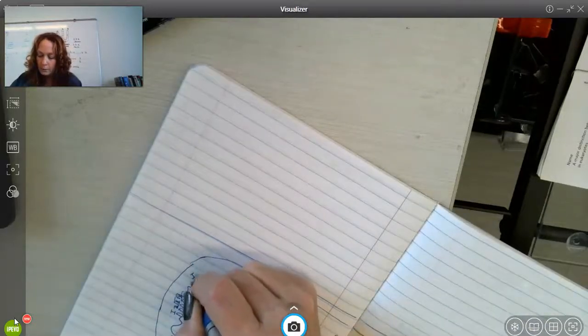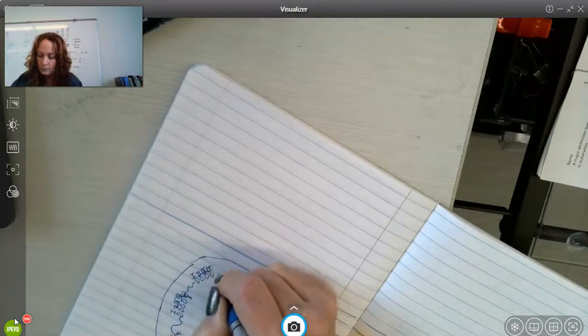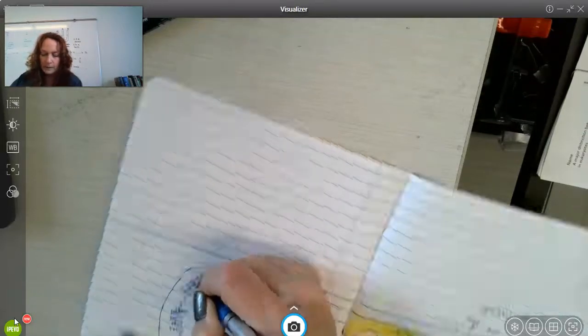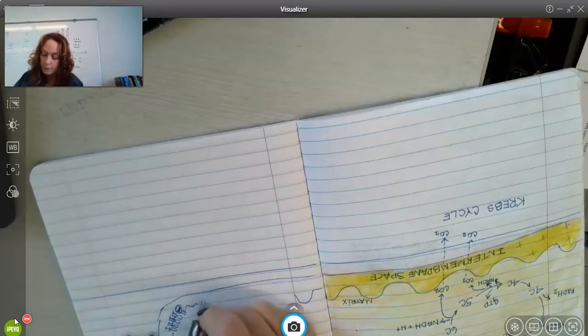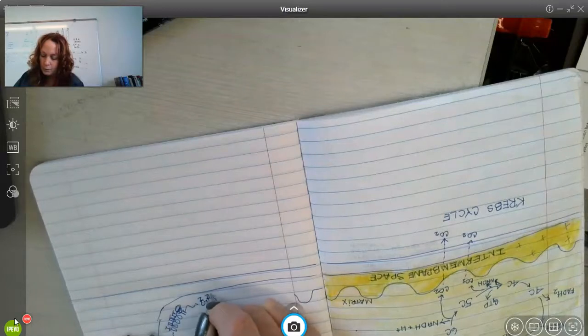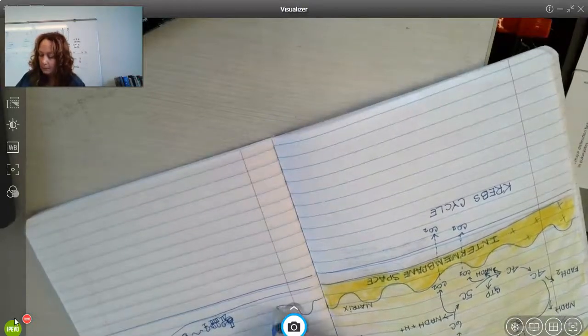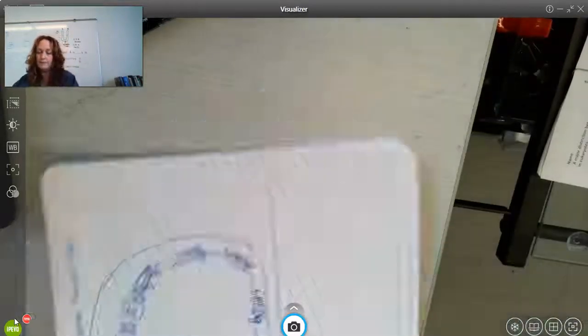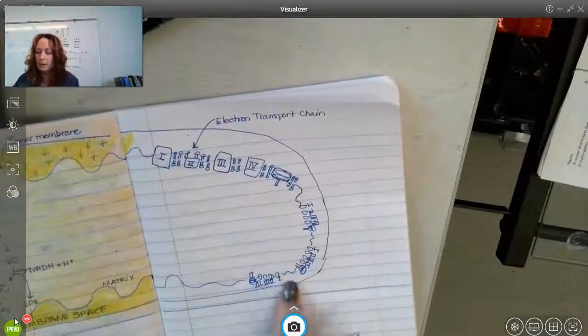There's 1, there's 2, there's 3, there's 4, some ATP synthase. Draw a few more. 1, 2, 3, 4, ATP synthase. That's enough. I get the point. That the membrane is loaded with these.